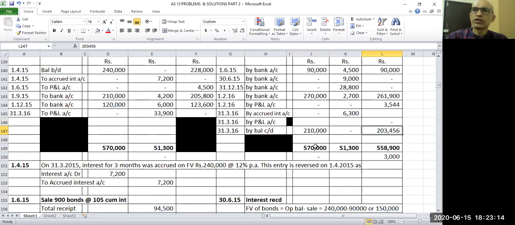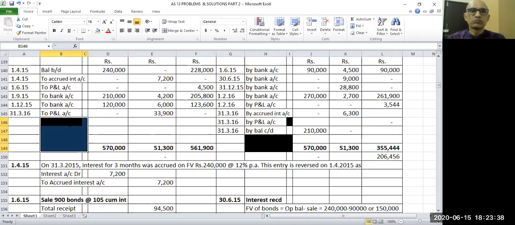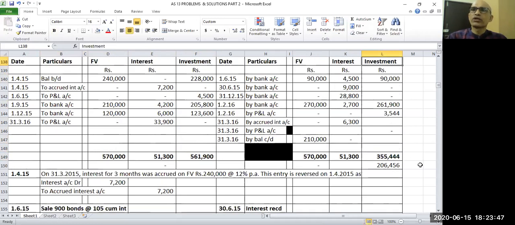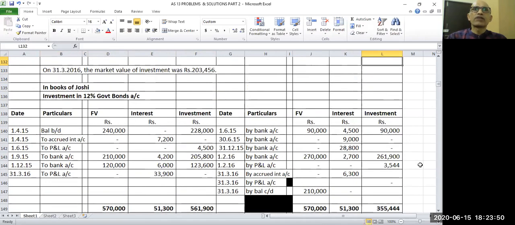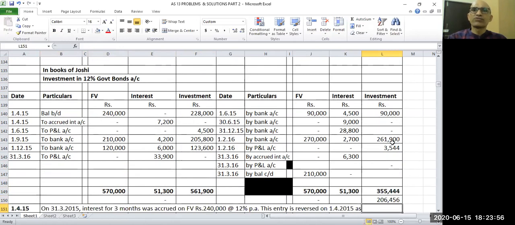The balancing figure on the credit side, which represents the cost of these bonds, for the investment account is 2,06,456, whereas the market value is 2,03,456. That means we have suffered a loss of 3,000 rupees.